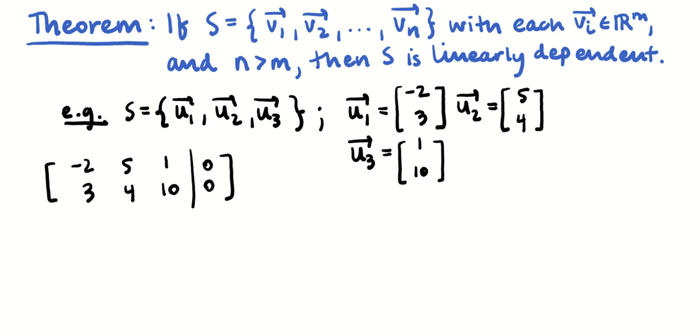If we have more vectors than dimension, and we're determining if it's linearly dependent or linearly independent, what we're doing is solving a homogeneous system that has more variables than equations, which we know automatically has infinitely many solutions, which is more than just the trivial solution. Okay, I think I've said enough about that.